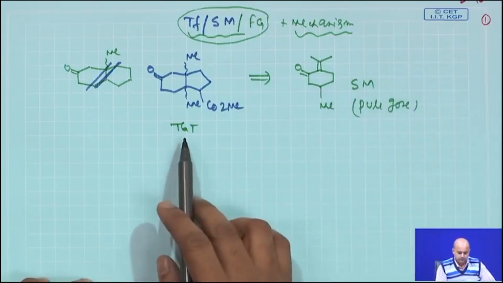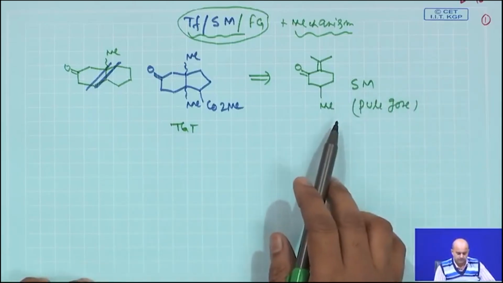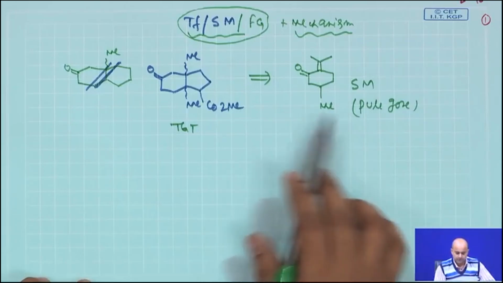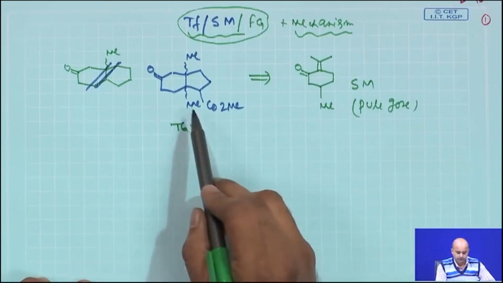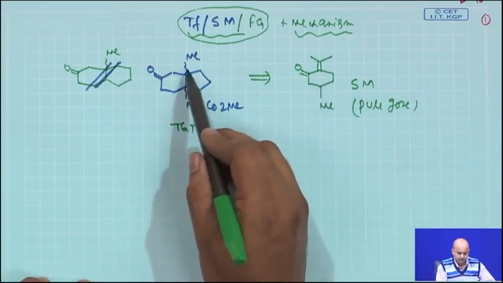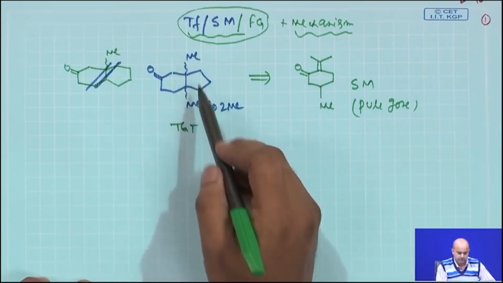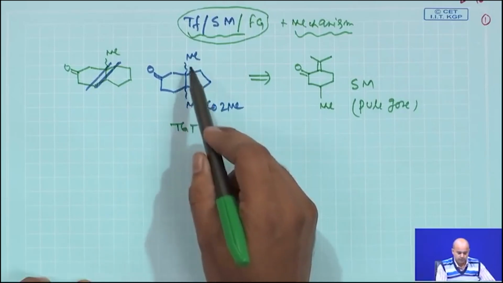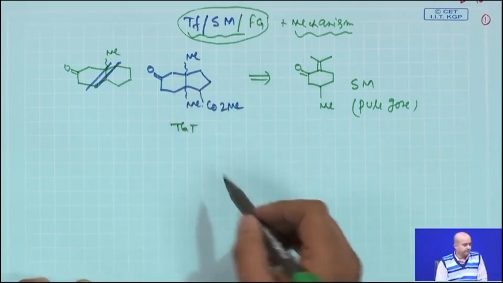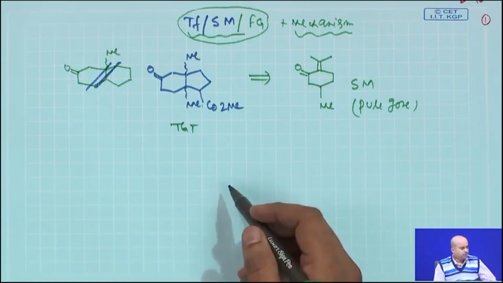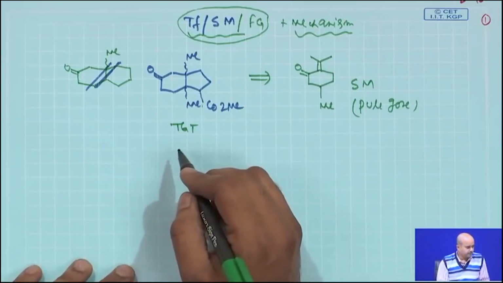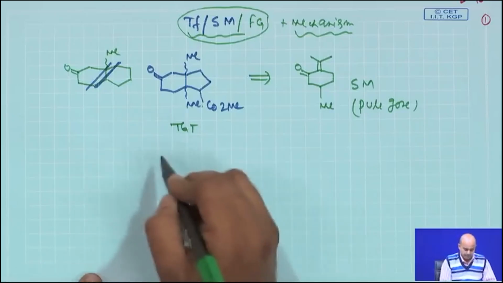If you see the target and the starting material, initially it is a little bit of a difficult scenario, because an extra functional group, a methyl, has to be introduced, then the CO2Me, and you have to form the ring. So you may think it is probably a different ball game altogether.